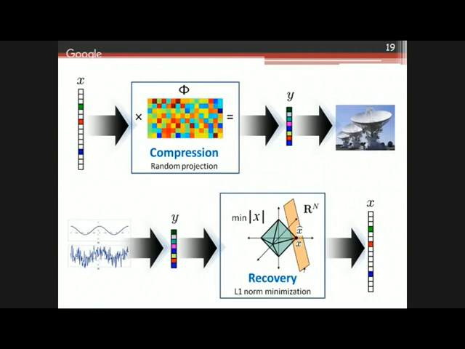X is a compressed version of the data, and by using random projections we generate a signal similar to my X signal. Then that Y is finally passed through the recovery, or L1 minimization algorithm, where we generate our original signal X. That's what I've already discussed.